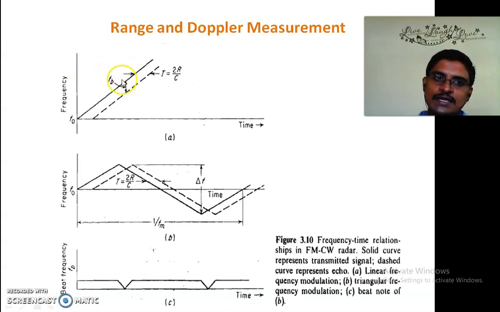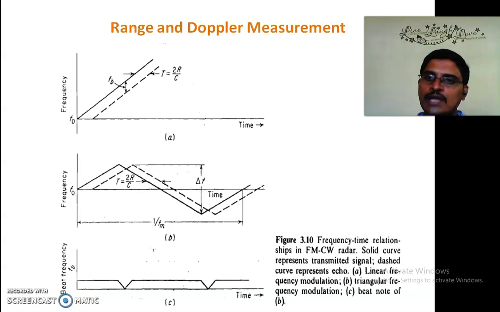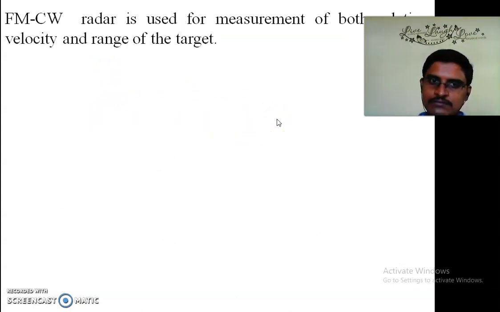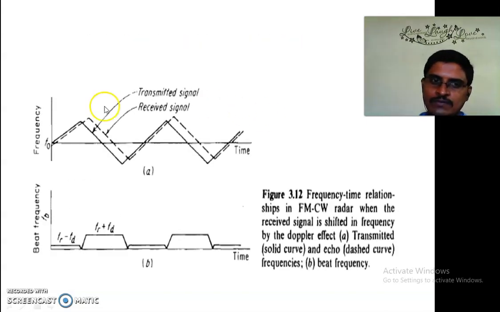So in both cases the frequency difference, the beat frequency, is due to range, but in that case the target is stationary. If the target is moving, then the deviation in frequency is due to range and also due to the relative velocity of the target. Then here we get Fb and Fr. In this case, the target is moving.